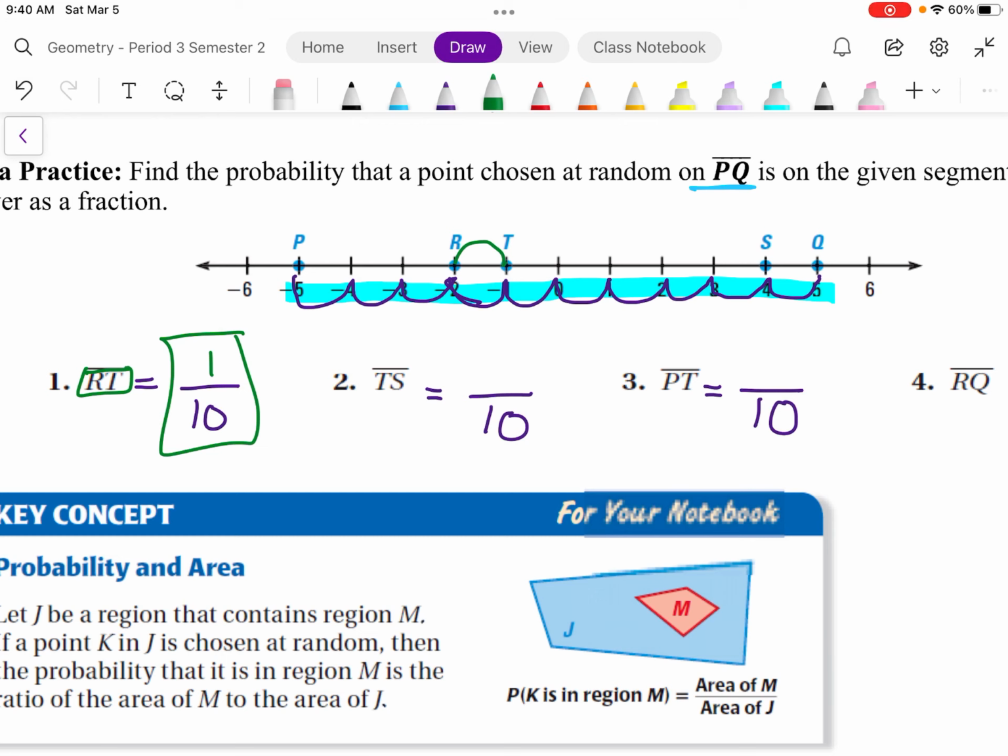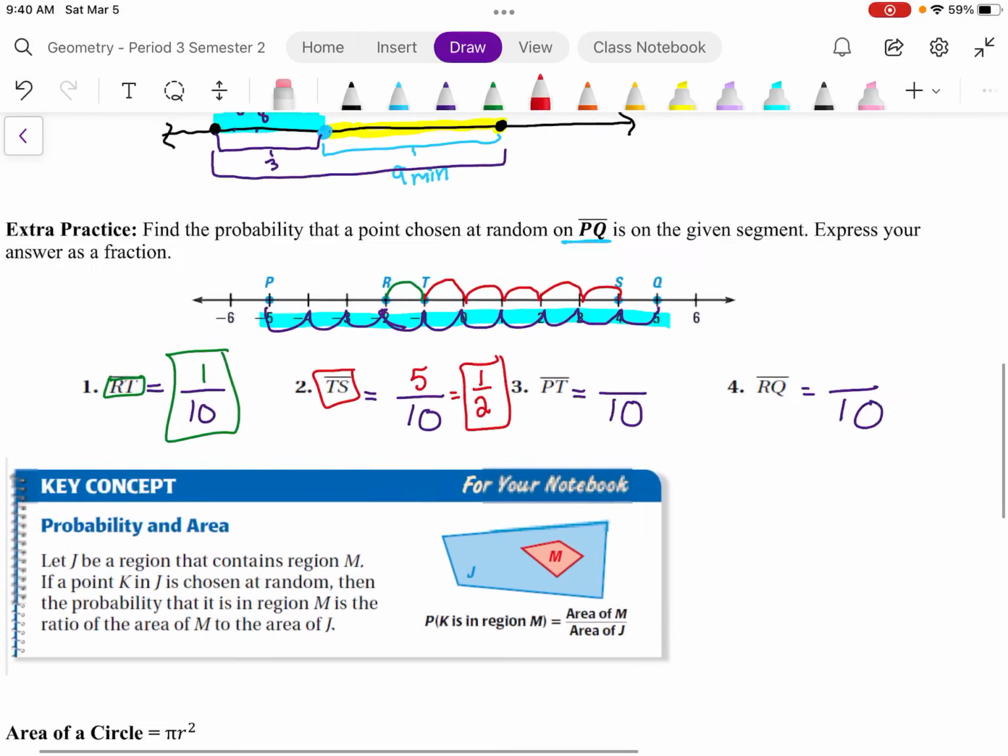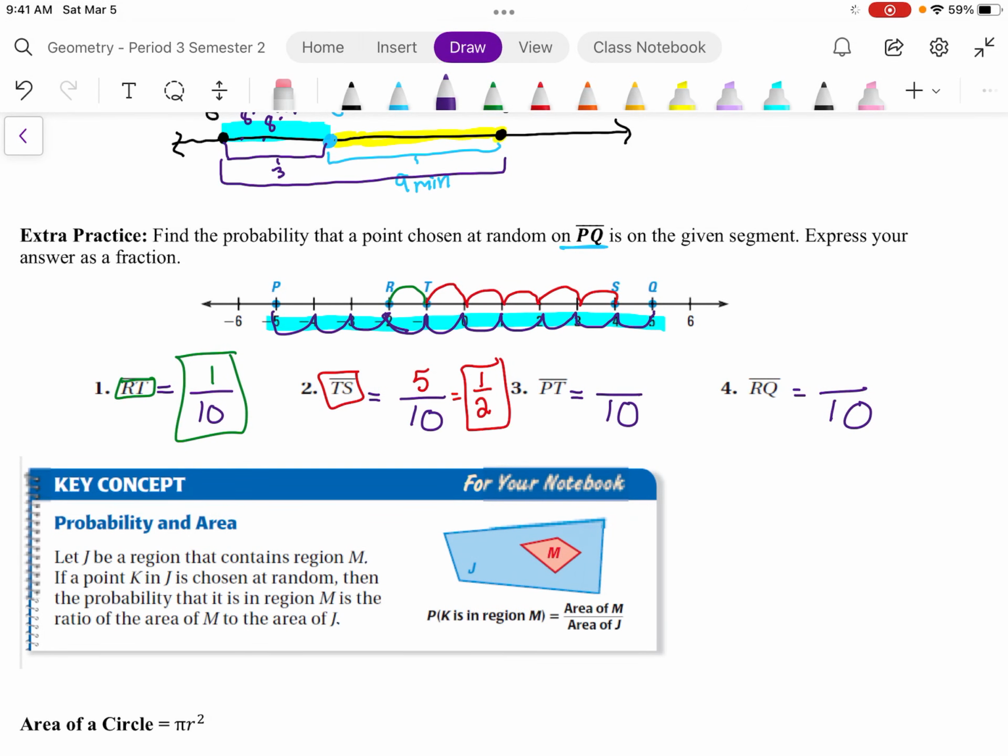Then we have TS, and from T to S it's 1, 2, 3, 4, 5. So the probability that we land on TS is 1/2. And then we have PT.